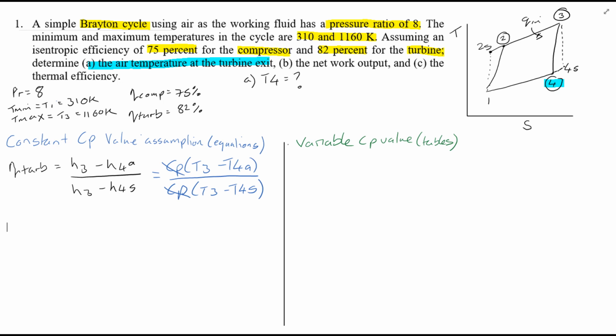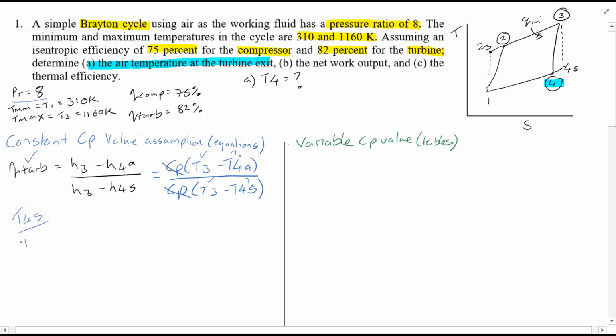Looking at the knowns for this equation, we know T3, and we also know the isentropic efficiency of the turbine, but we don't know T4A, which is what we're trying to find, and in order to do this we need T4S. There is another equation given on the data sheet which we can use to find T4S because we've been given the pressure ratio.